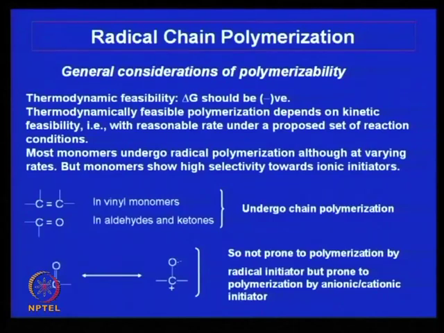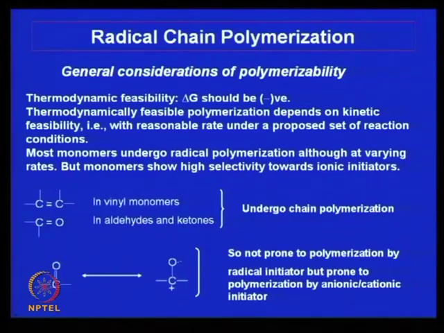Now, let us look into these monomers which undergo radical polymerization or addition chain polymerization. Radical polymerization, I mean polymerization involving free radicals, single electron free radicals available in the monomer that can undergo polymerization.